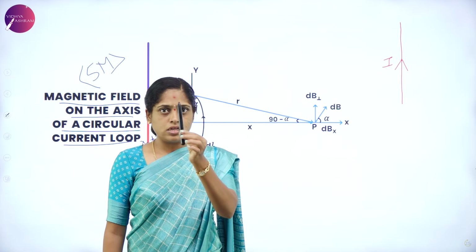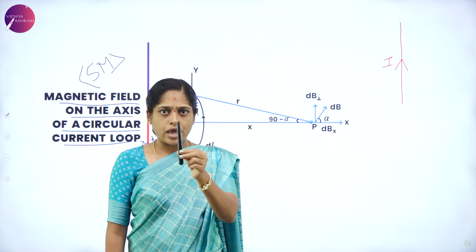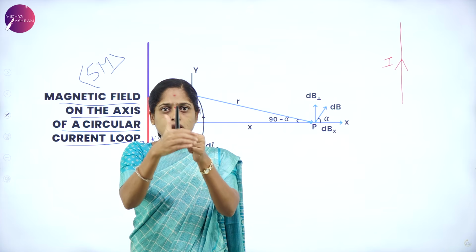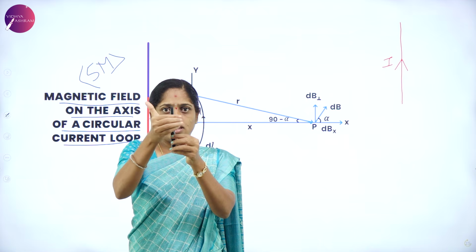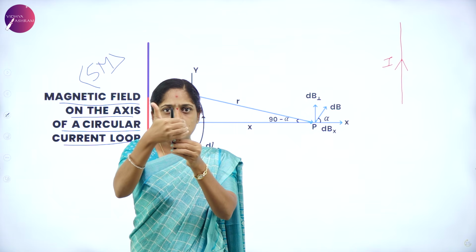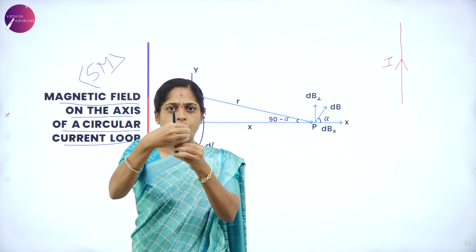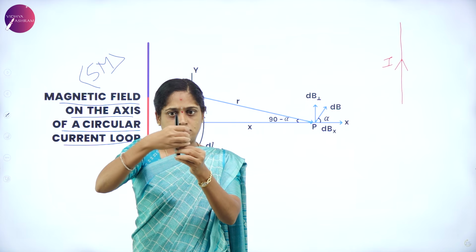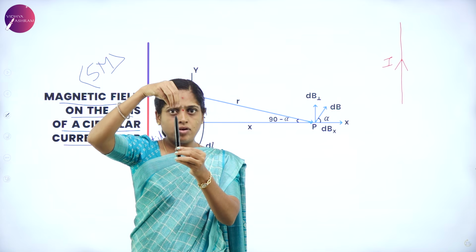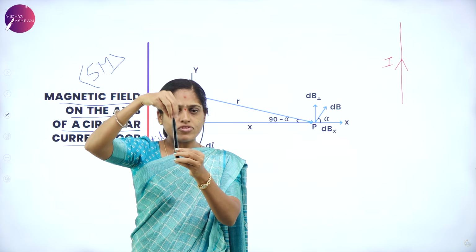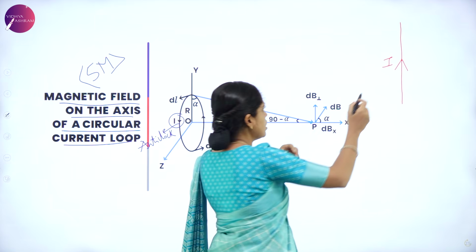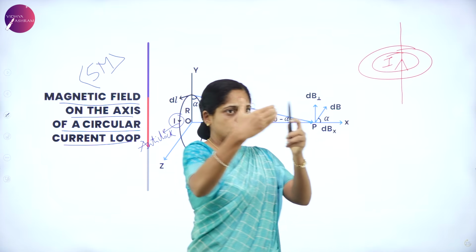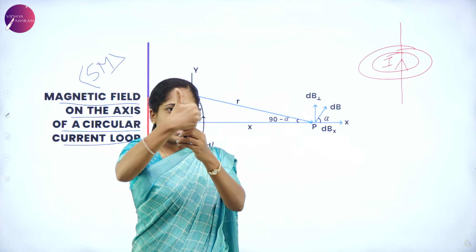So consider this as a conductor carrying current. If the direction of current is upward, then the magnetic field around this current carrying wire will be concentric circles, and this wire will be at the center of the circle. This is the field pattern, and its direction is anti-clockwise.